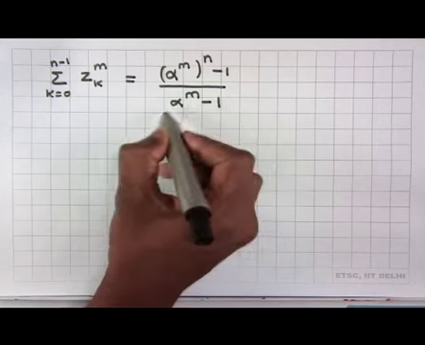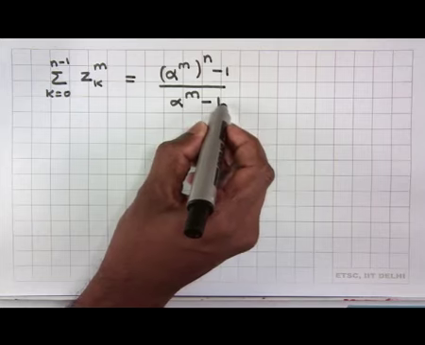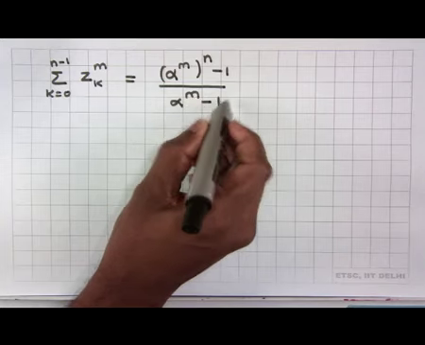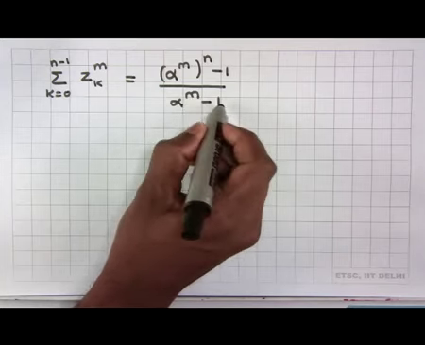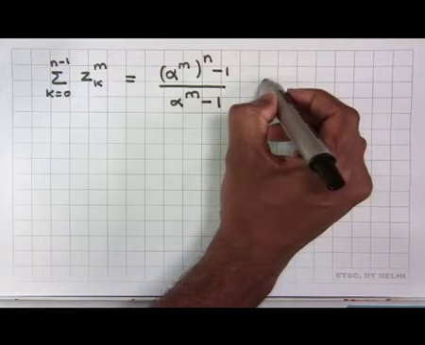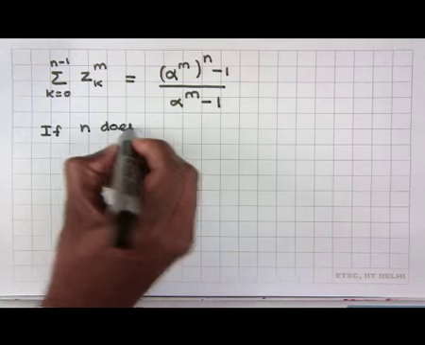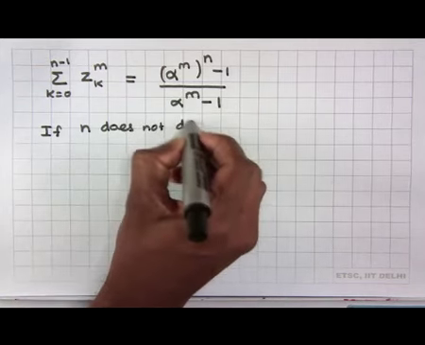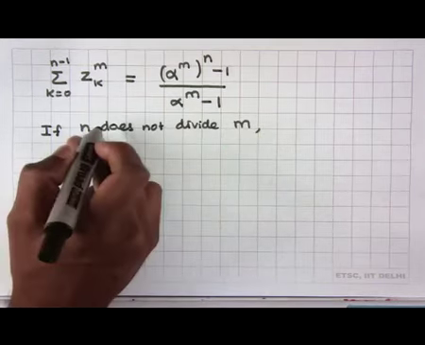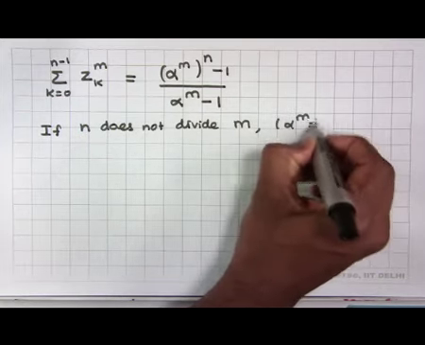Notice that alpha power m will be equal to 1 if m is divisible by n. Okay. So, this formula is valid if alpha power m is not equal to 1, and the equality happens when n divides m. So, if n does not divide m, which means m is not a multiple of n, in that case we know that alpha power m is not equal to 1.